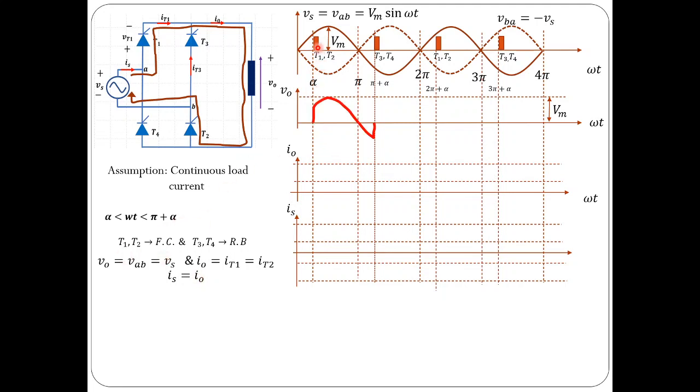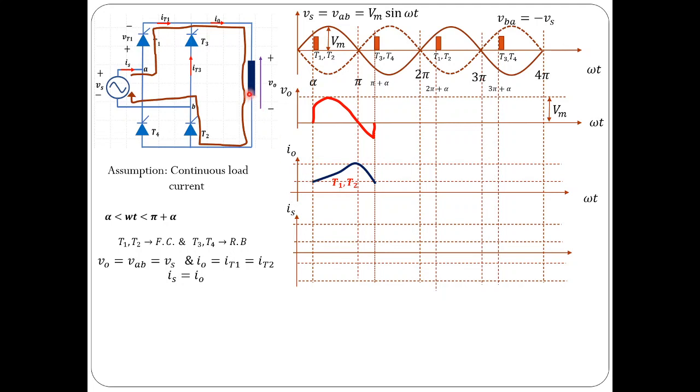V0 is equal to VAB, so this is VAB, which is indicated with this red curve. And what about I0? I0 is equal to IT1, which is equal to IT2, which is equal to Is, and this load is inductive in nature, so it maintains a continuous load current. Let me assume that it starts at some Imin current at omega t equal to alpha.